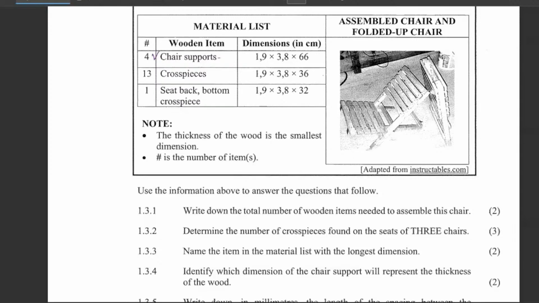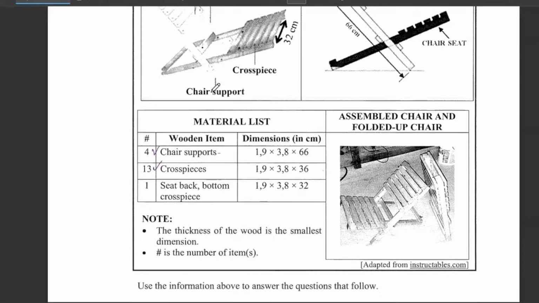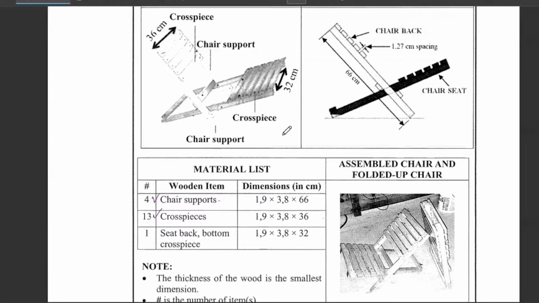We need 4 chair supports and 13 cross pieces. The cross pieces are these blocks that you have: 1, 2, 3, 4, 5, 6, 7, 8, 9, 10, 11, 12, 13. So they're already 13.